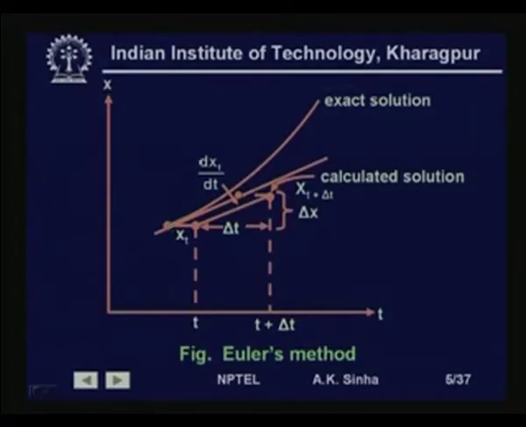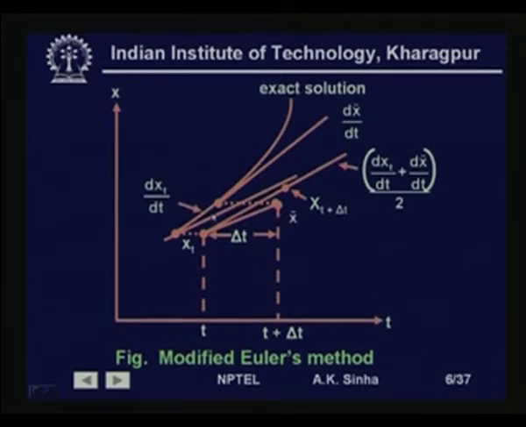We take the average slope, and we use that as the slope for finding out this delta x. This is shown in this graph.